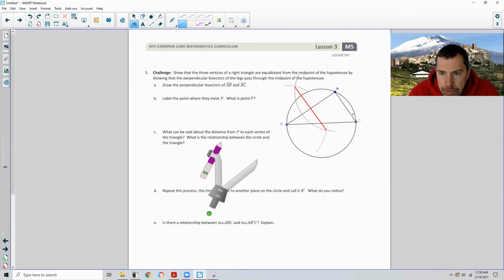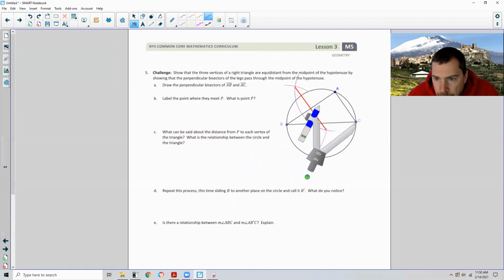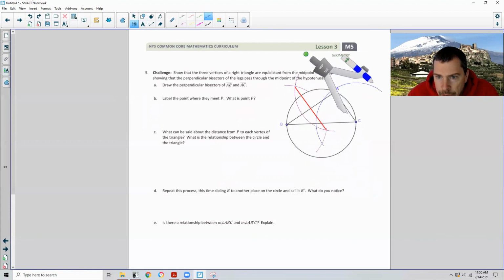Now it says to draw a perpendicular bisector to AC. So let's use blue this time, just so I know my arcs. And put that right on C. Draw an arc. I guess you could just go all the way around over to the other side. Move this up to A. And draw an arc.